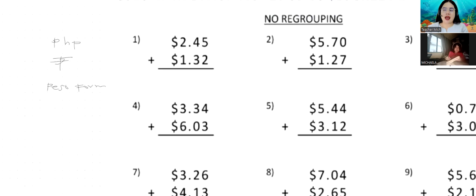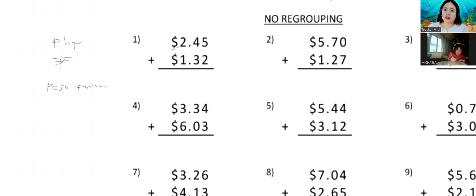So how do we add money that involves decimals? It is just like adding decimals, but the only thing is we also need to put a symbol. So for this one, Michaela, our symbol is in dollar form. Okay? So let's try to answer the given.